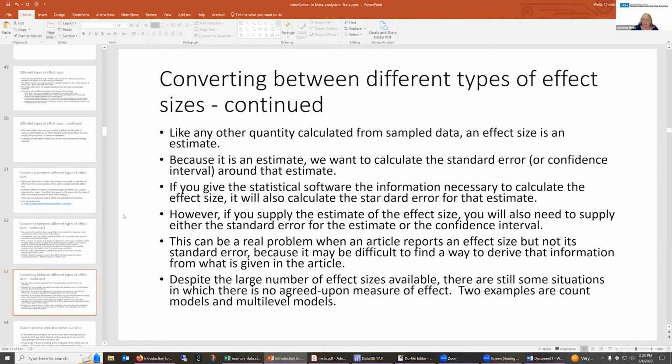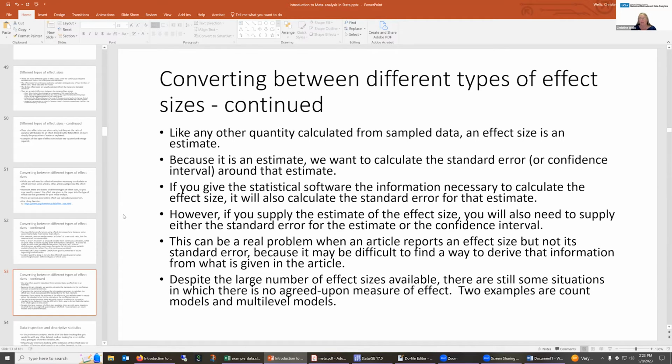We've already discussed the fact that an effect size is an estimate, and because of that, we need some form of standard error, confidence interval, something to give us an idea of how accurately that estimate is estimated. The software should actually give you that when you ask for an effect size.